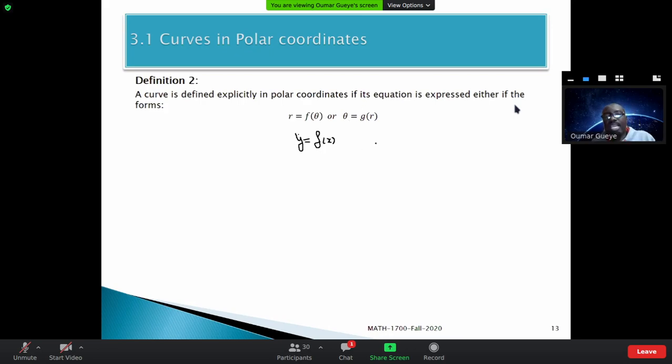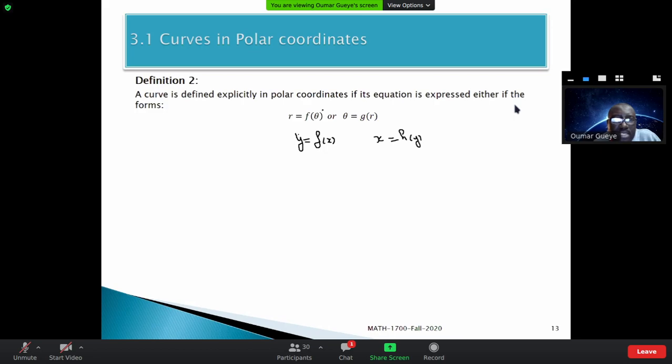For example, in XY coordinates, it's also possible to get x equal to g of y or h of y. In this case, the function is in terms of y. So both possibilities exist, exactly the same thing as in polar coordinates. In polar coordinates, theta sometimes is going to be the independent variable and r the dependent variable, or vice versa.